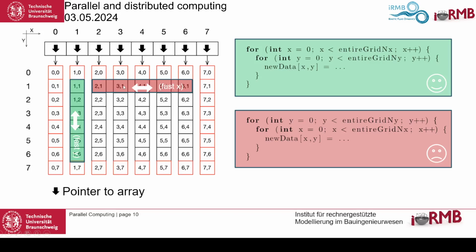Now, for example, if you iterate over the x direction, then you would ask for one datum out of the different arrays each time.